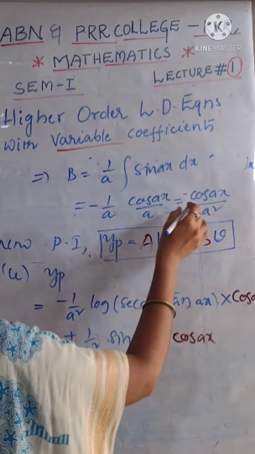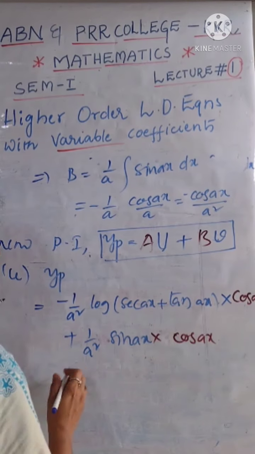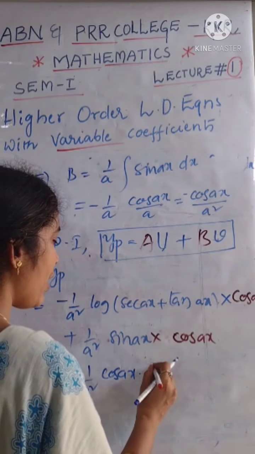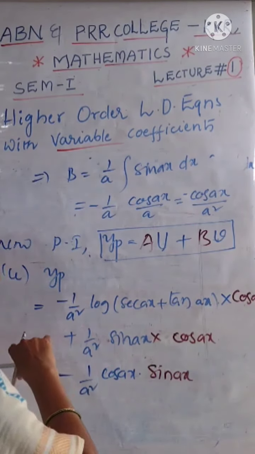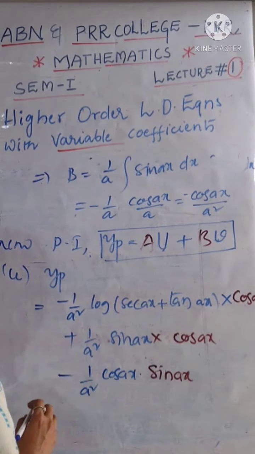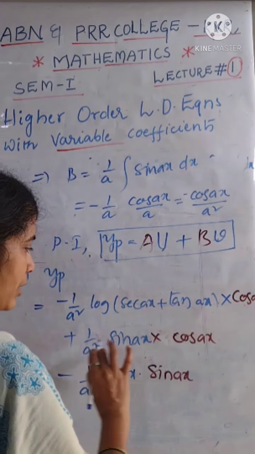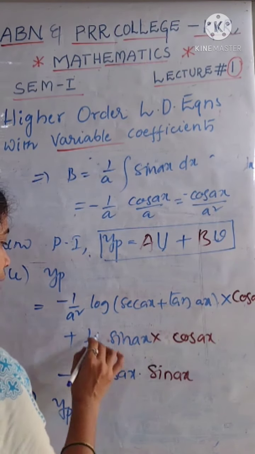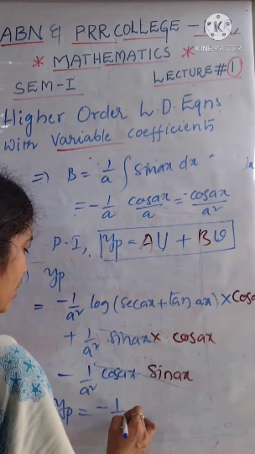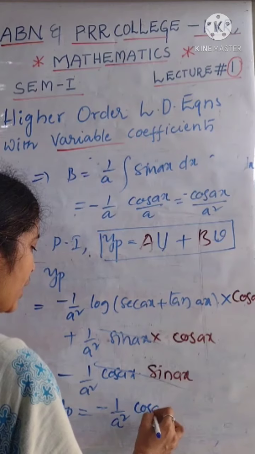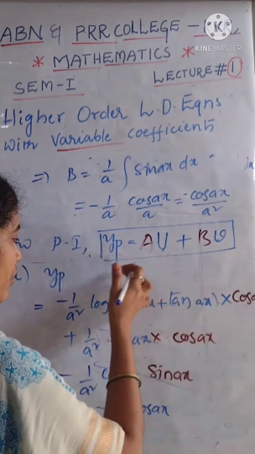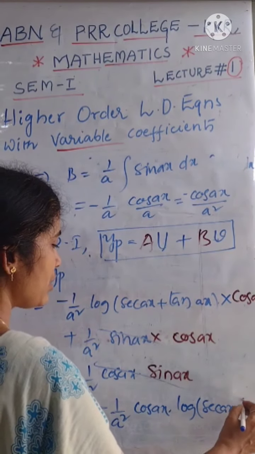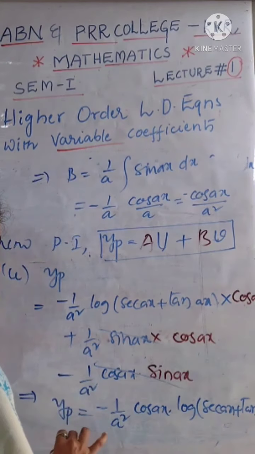B value is minus 1 by a square cos ax into v. The v value is sin ax. On observation, the last two terms have opposite signs and the same term is present in this yp, so by cancelling the last two terms, yp consists of only a single term, that is minus 1 by a square into cos ax. Before the logarithm you have to write any function, so cos ax into logarithm of secant ax plus tan ax. This is the yp value.